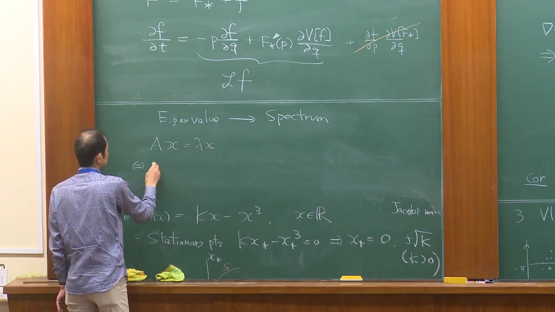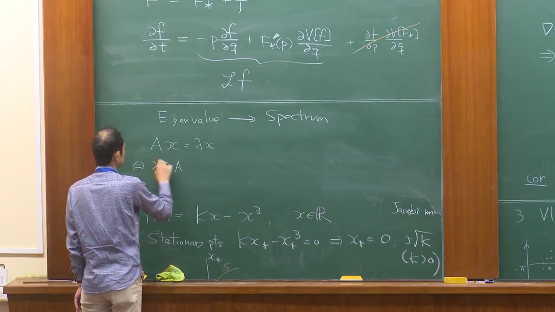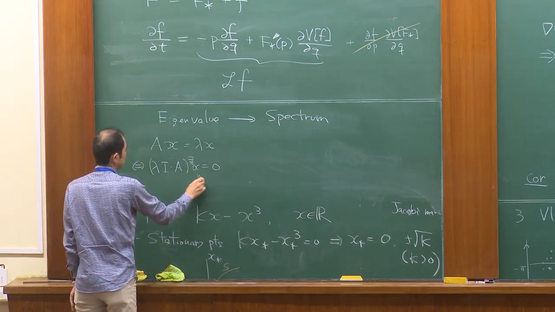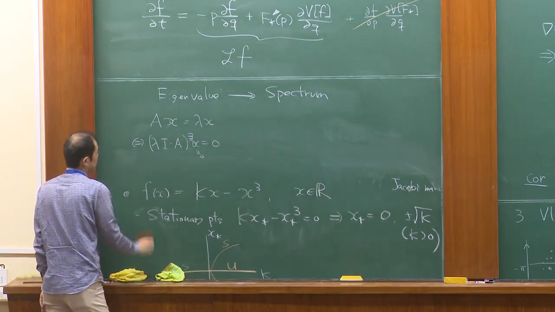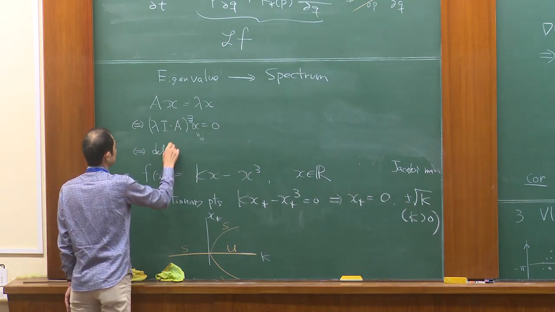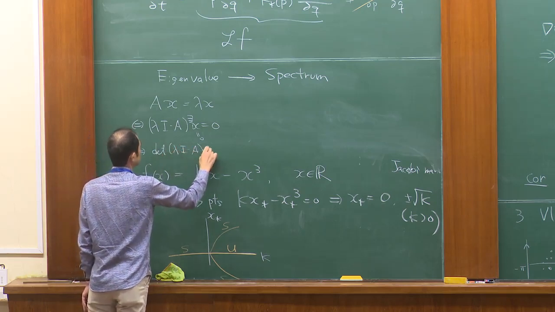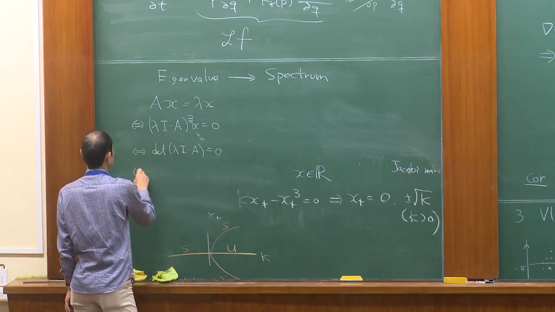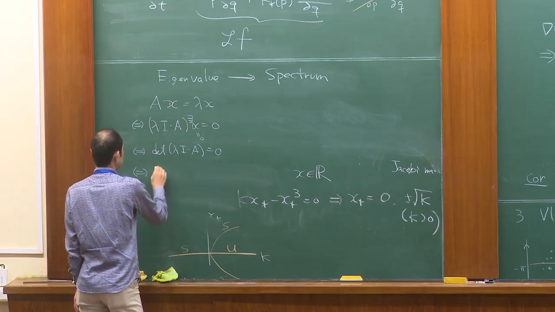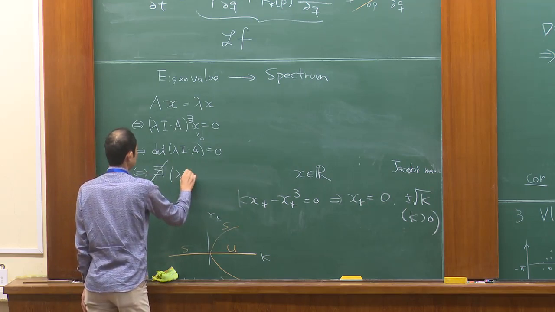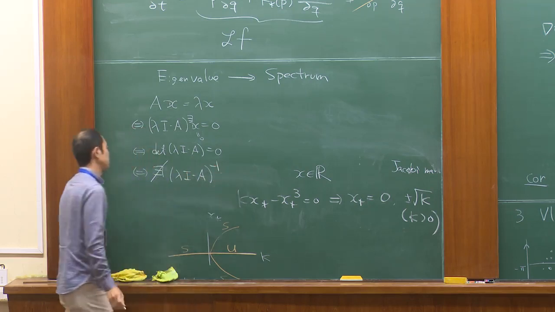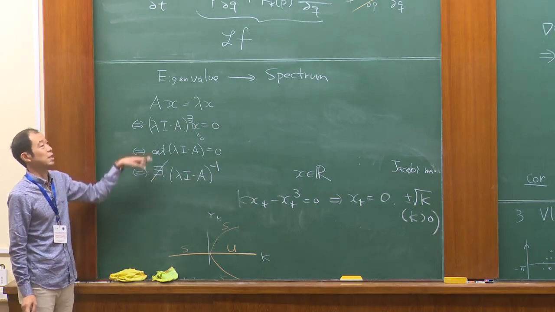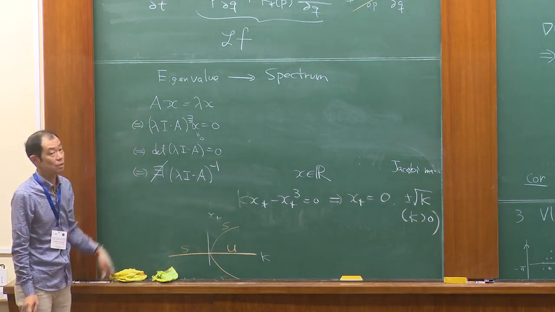It means we have a non-zero eigenvector, so the determinant of this matrix should be 0, so the inverse operator of this matrix does not exist. That is the definition of eigenvalue.